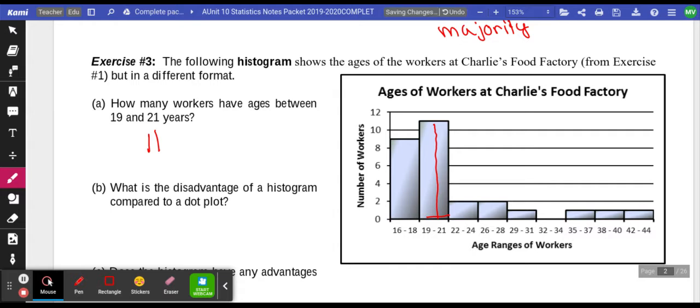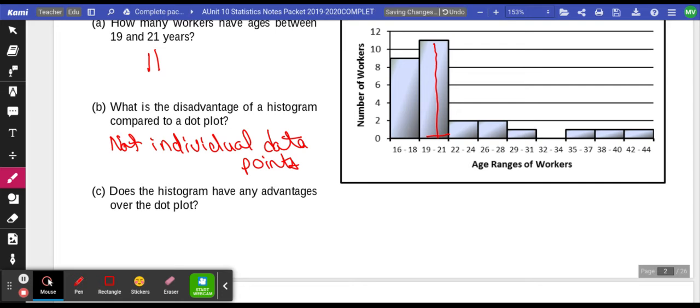What is the disadvantage of a histogram compared to a dot plot? Well, in our dot plot, we could see individual ages. Our histogram is ranges, so not individual data points. Does the histogram have any advantages?